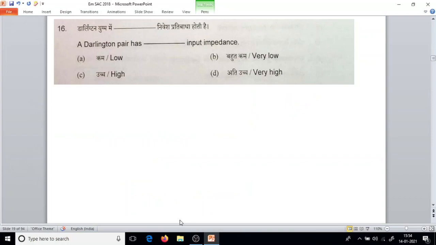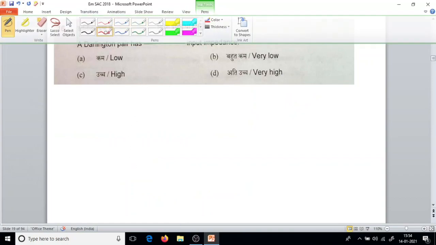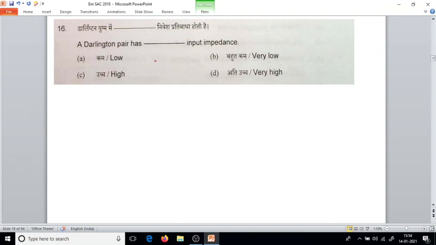Question number 16. A Darlington pair has dash input impedance. What input? Very low, very low. What does a Darlington pair look like? A Darlington pair looks like this. The collectors are connected together, and we will take the output from here.